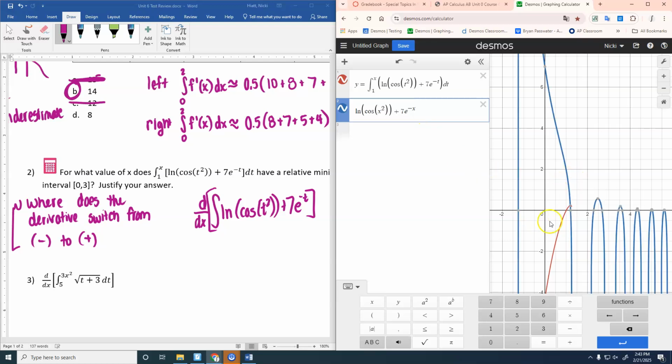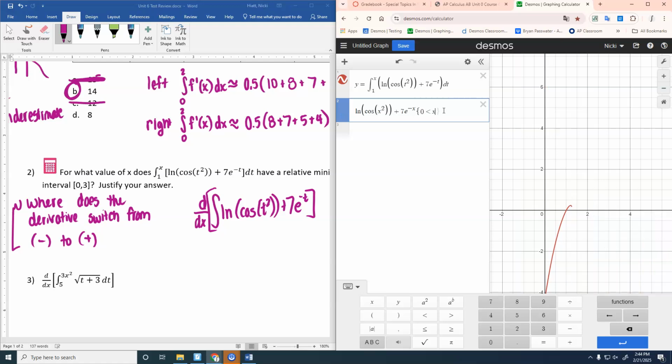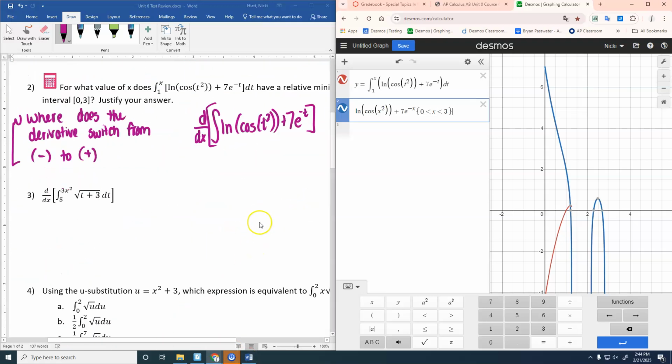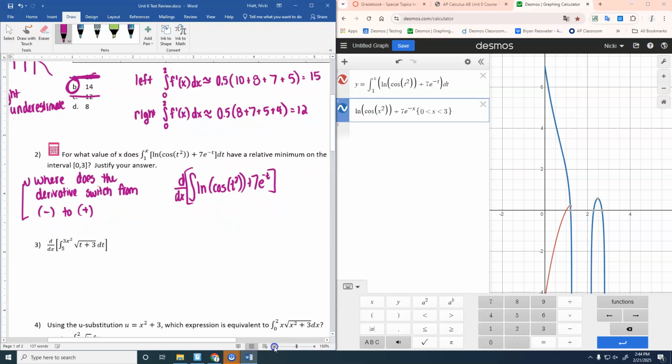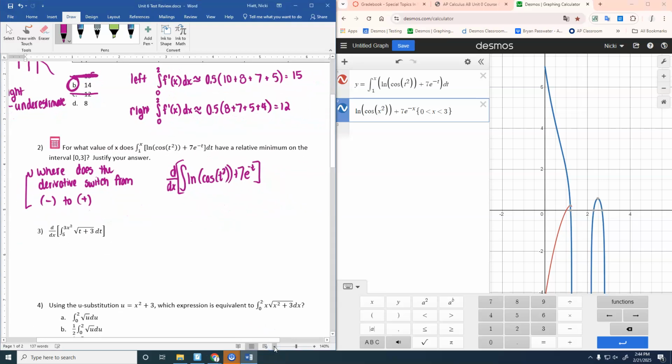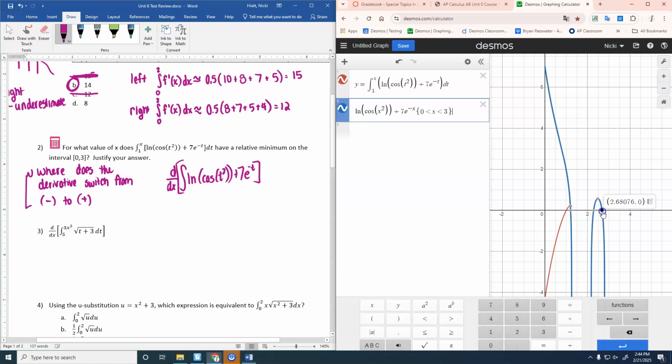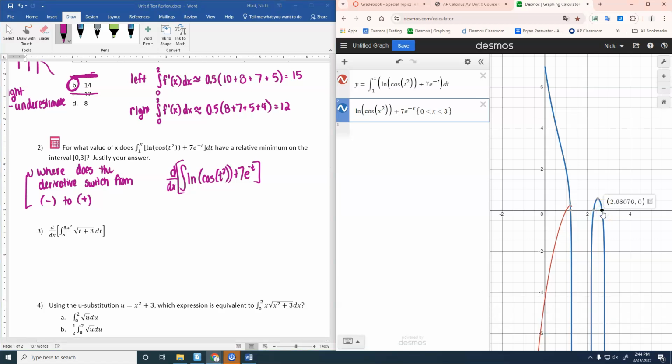There. So we are just looking on the interval from 0 to 3, so let me restrict this 0 less than x less than 3. Right there. And let's see. Actually, I have two answers that I probably did not include. I probably should have cut that off a little sooner.